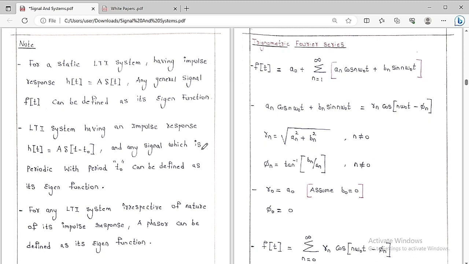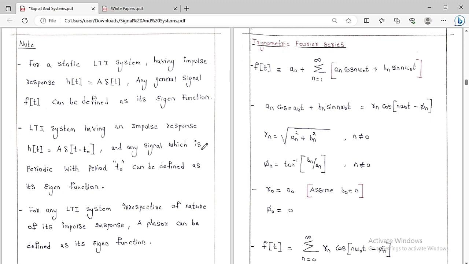So finally, if you take an LTI system having the impulse response h of t equal to A delta of t, basically it is a static LTI system, so no matter whatever the input, the output is always a scalar multiple of that input. That is the property of the eigenfunction.